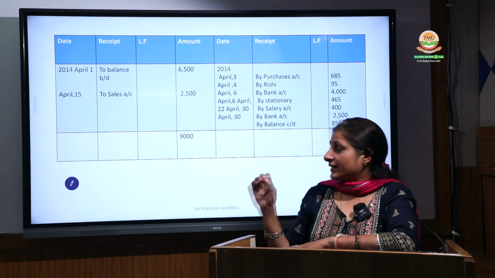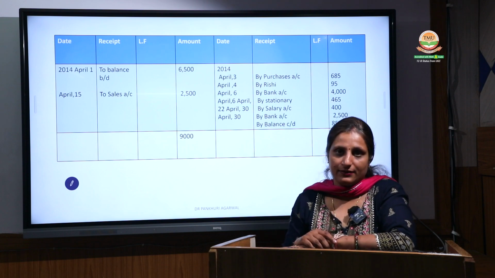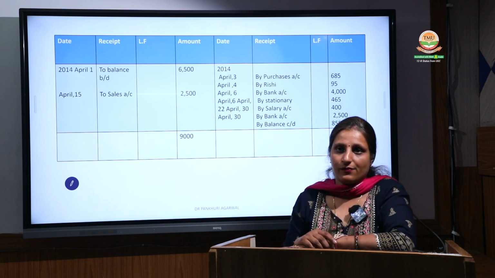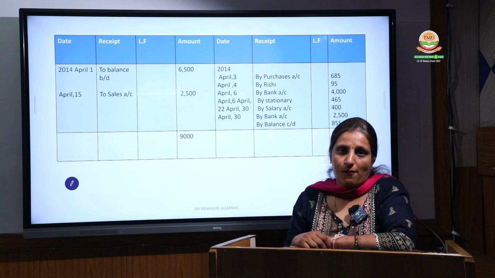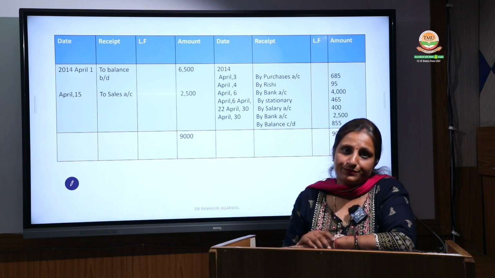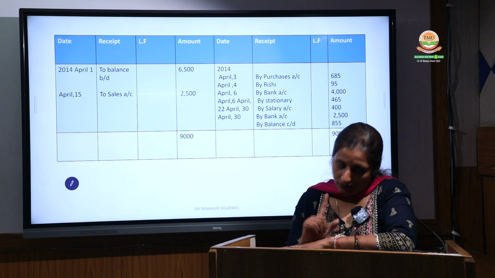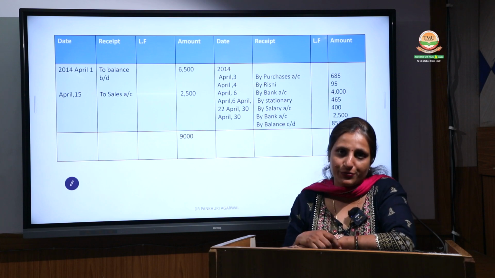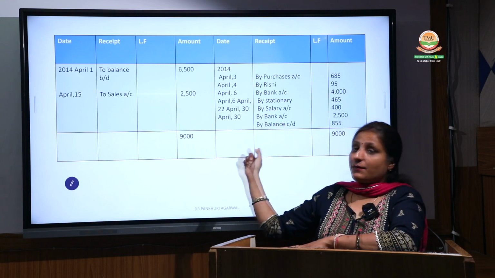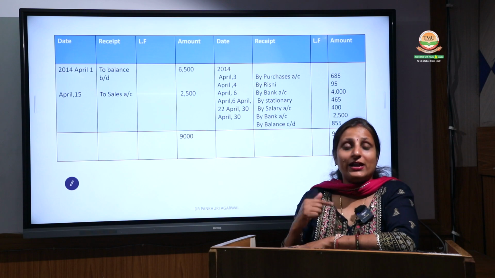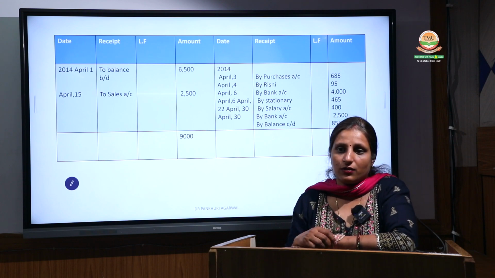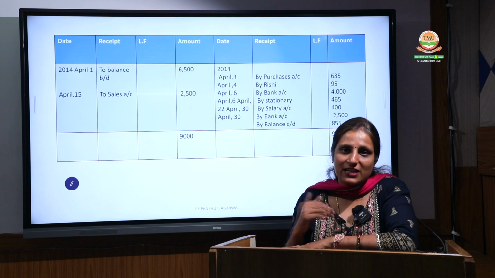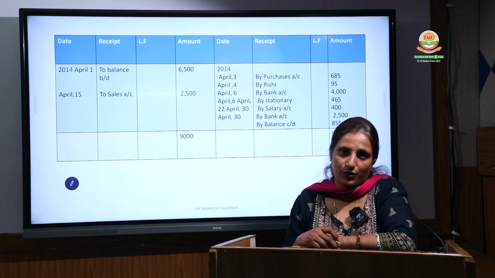Now, when we are posting the entries on the debit side, to sales account, what are we doing? When we are preparing the cash account, the name of cash doesn't come in this account. Only the opposite aspect comes under the cash book.